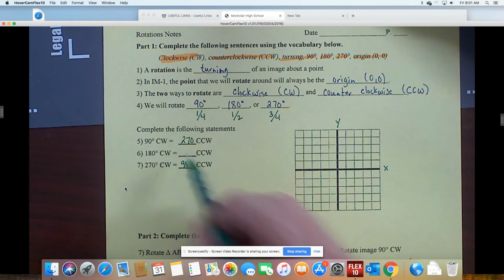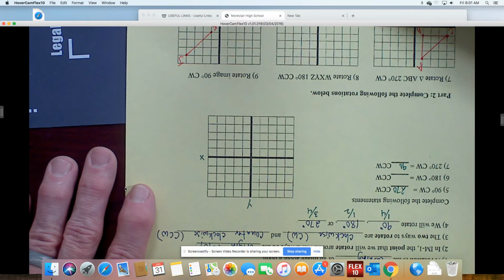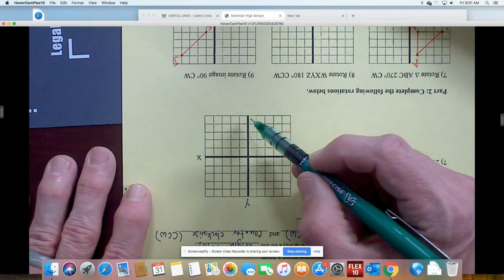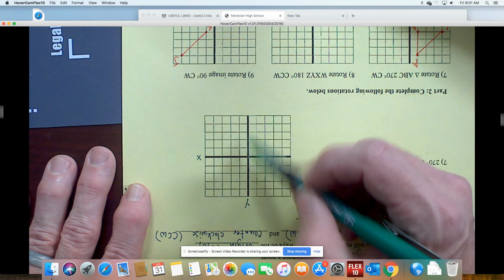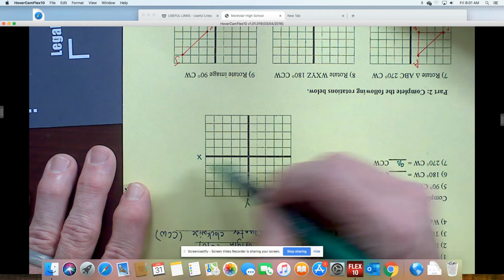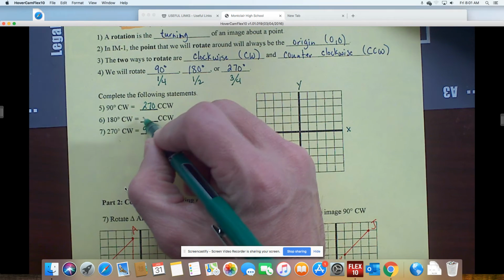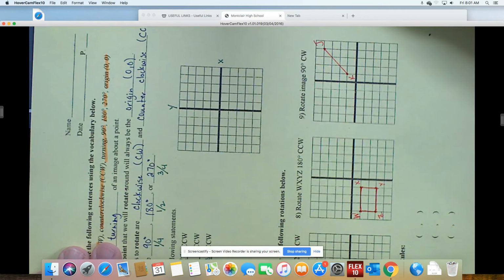Now the one in the middle, 180 degrees clockwise. 180 would be 2 turns. That's 180 degrees turning around. And we notice that the y-axis turns back into the y-axis, except it's upside down. And the x-axis turns into the x-axis, except it's opposite sides. And that's important moving forward. I'll explain more about that later. So 180 degrees clockwise, let's see, 1/4 of a turn here, that's 90.